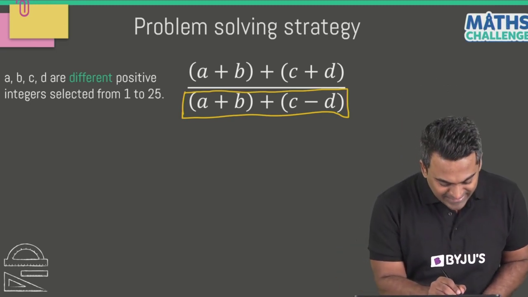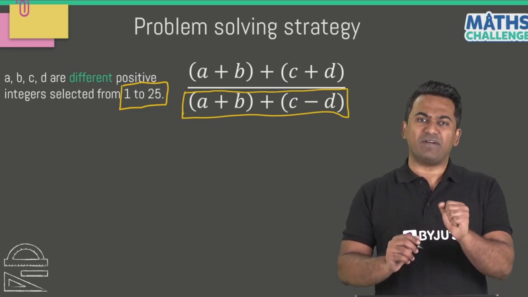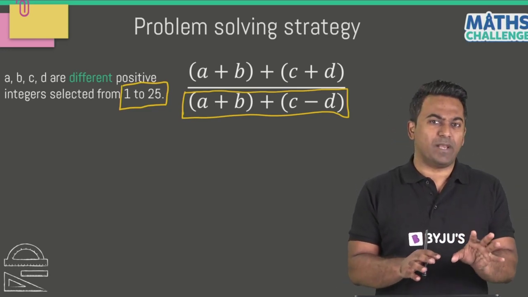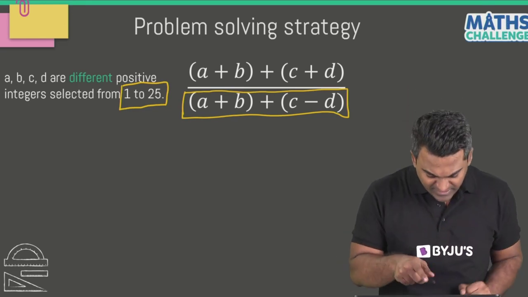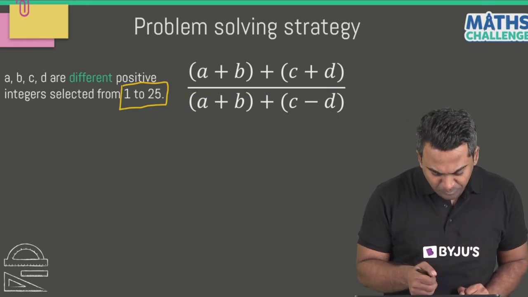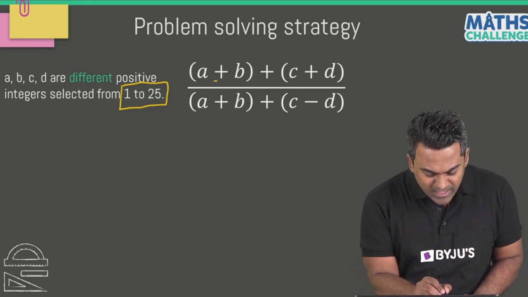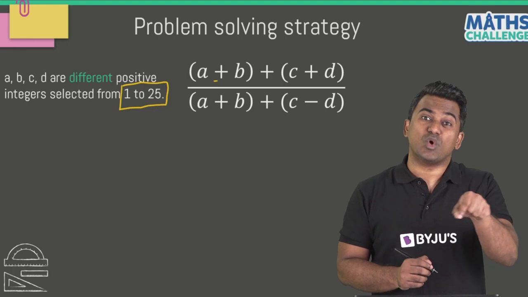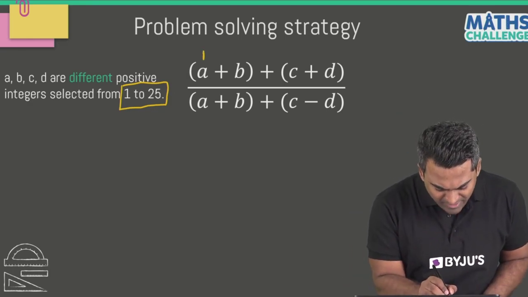Now as I said, these are the only considerations possible for us, 1 to 25. Now let's do a little bit of plug and play and see how the answer takes shape. The first thing that I would do here is take a and b to be very small, because a plus b is in the numerator. It is also there in the denominator as well. So let's say my a value is 1 and my b value is 2.